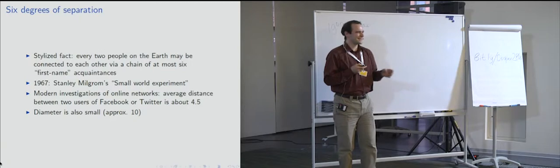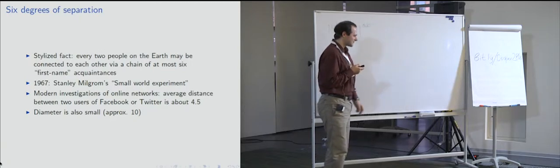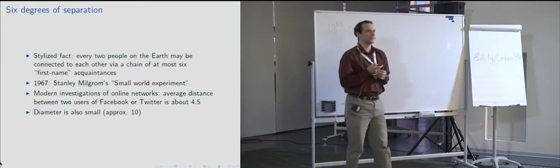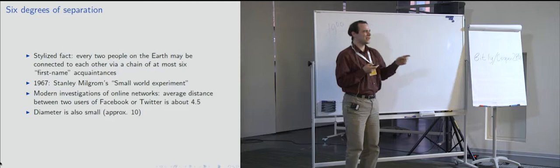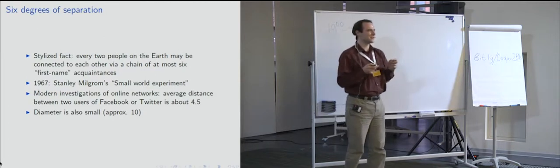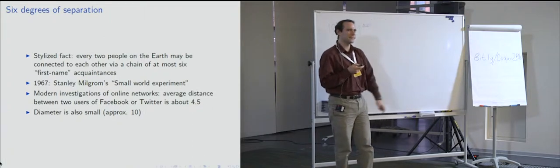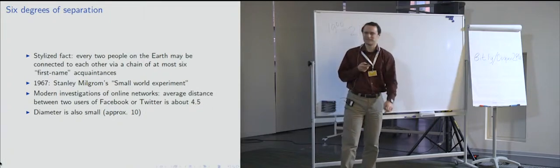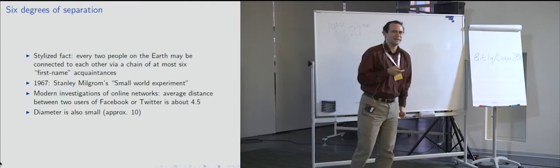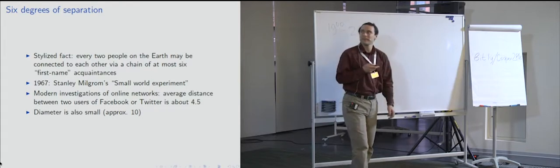So first there is the stylized fact that between any two people on Earth, there is a chain no longer than 6, and this chain consists of only personal acquaintances, so-called first-name acquaintances. Of course, literally this is not true, but there is a lot of evidence that this is true to some extent.